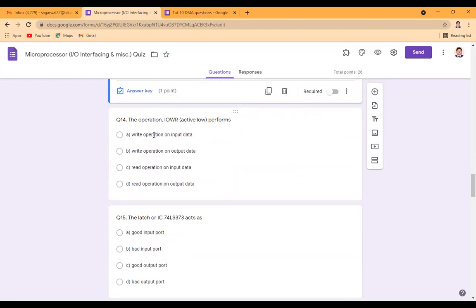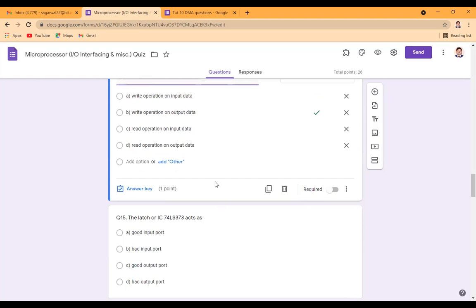Whether it means write operation on input data, we know this option is wrong, because write operation is not done on the input data. Write operation on the output data. Read operation. Since it is a write operation, B is the correct answer.